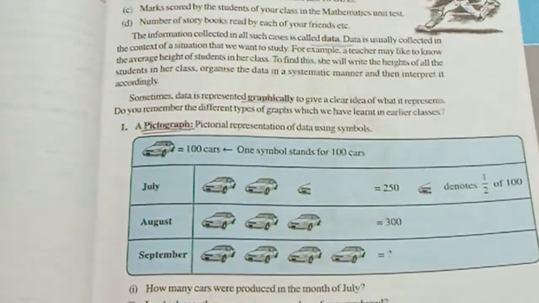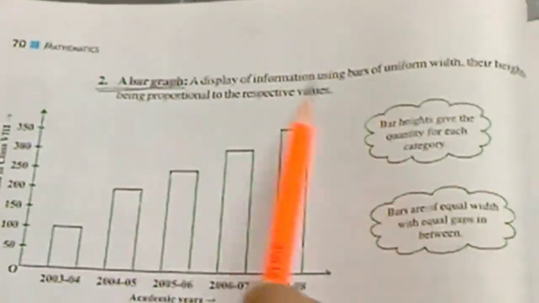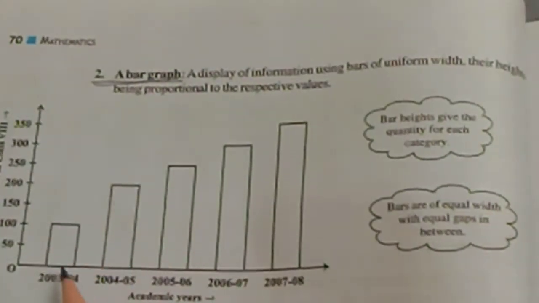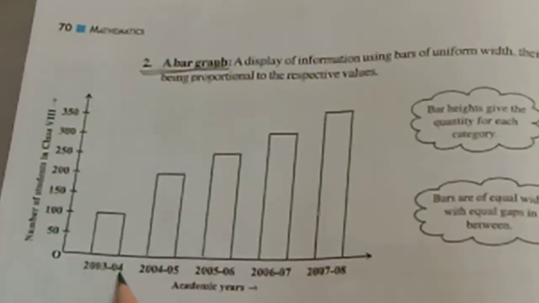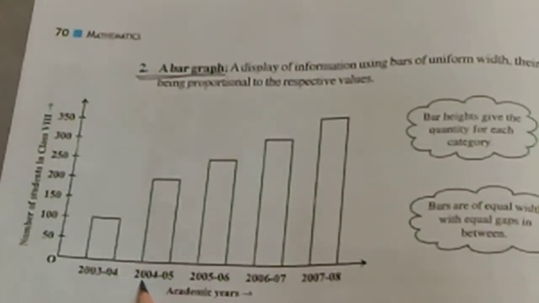Next is the bar graph. You all have done bar graph in class 7. See here, it is given the number of students in class 8 in the session 2003 to 2004. Then in the next session, 2004 to 2005.